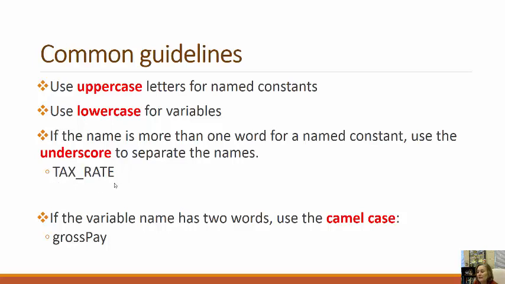That's a named constant. But if the variable name has two words, you use what's called camel case. And that's where you start with a lowercase and then you have an uppercase in the middle that lets you know the next word is coming. In this example, it's gross pay.